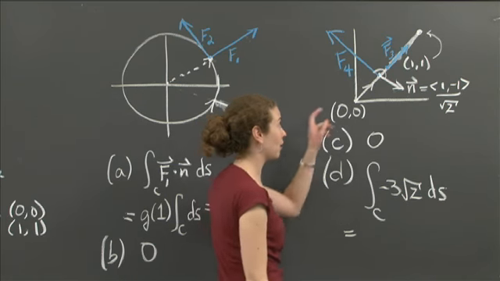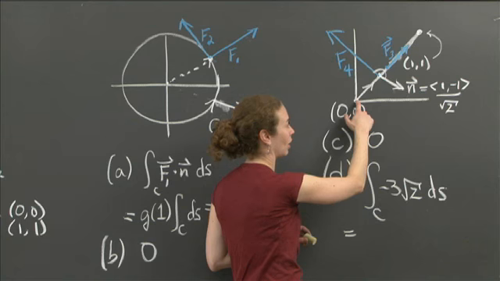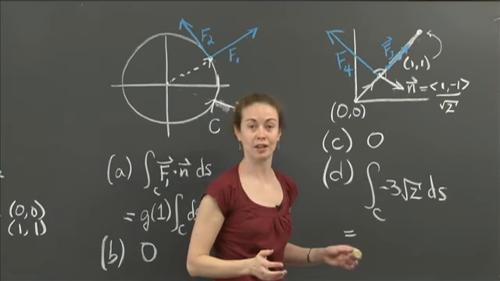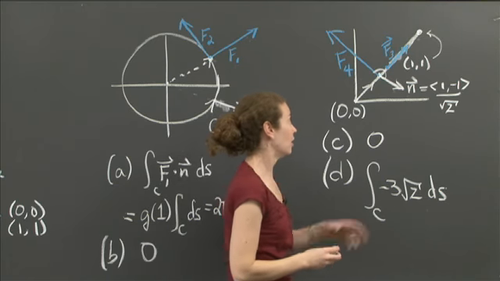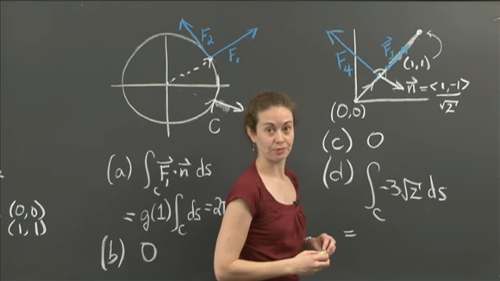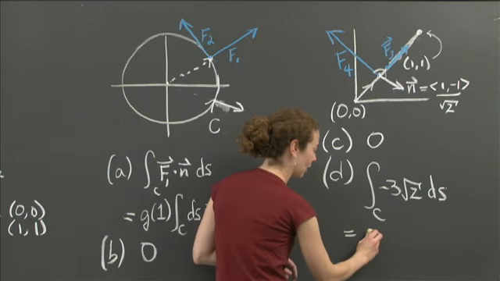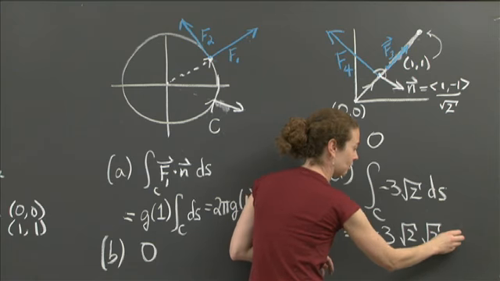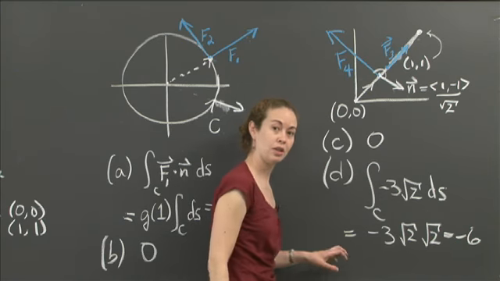And the arc length is very easy to see. You've gone over 1 and up 1, right? So by the Pythagorean theorem, the length of this curve is root 2. So this works out to be negative 3 root 2 times root 2, which is just negative 6.